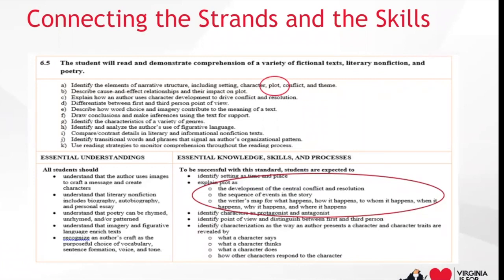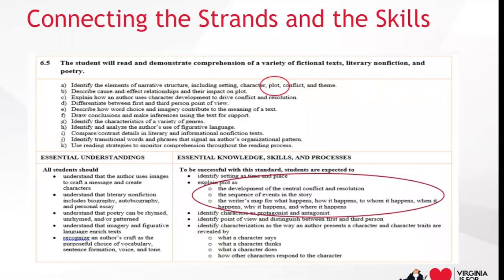So that means that we're going to have to focus on how the conflict and resolution develops. We're going to have to look and see about sequence of events and stories. The writer's map for what happens, how it happens, to whom it happens. All of those things have to do with plot.